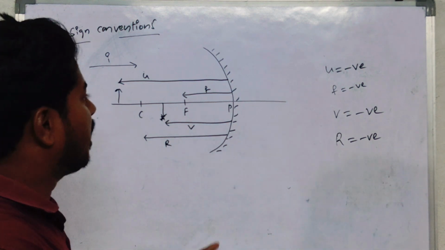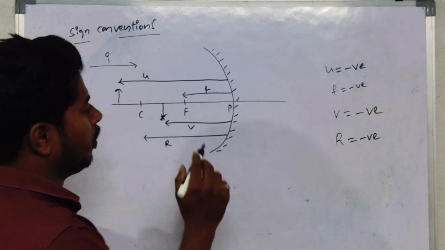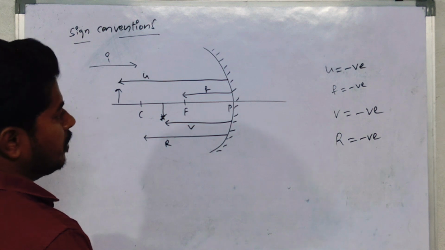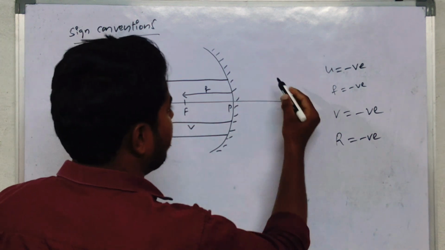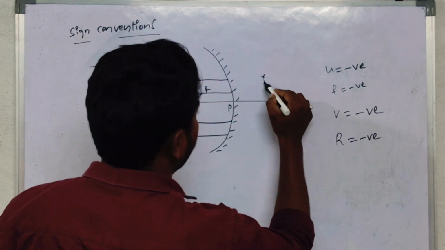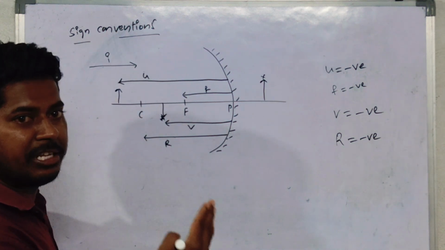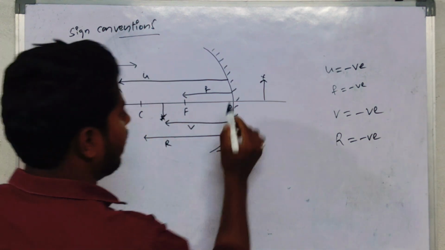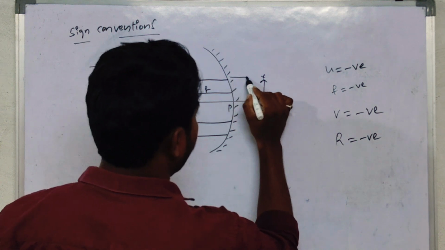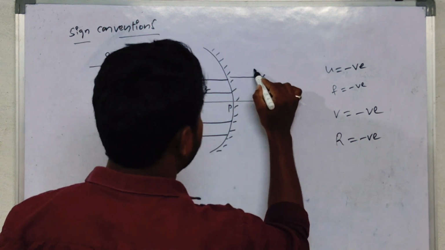But sometimes a concave mirror can form virtual images. So a virtual image can be formed here. In this situation, as I already told you, every distance must be measured from the mirror. So the distance of the image from the mirror is v.